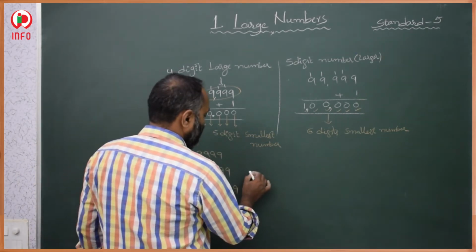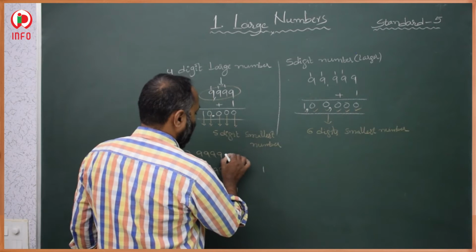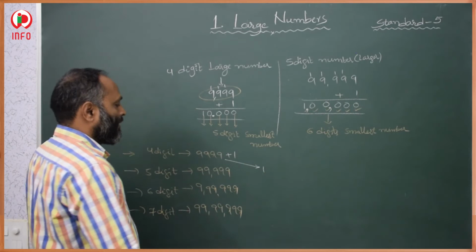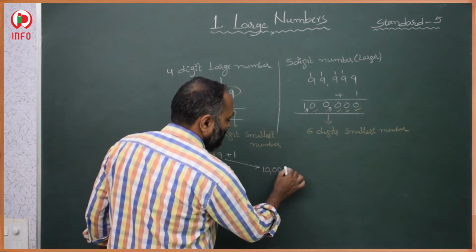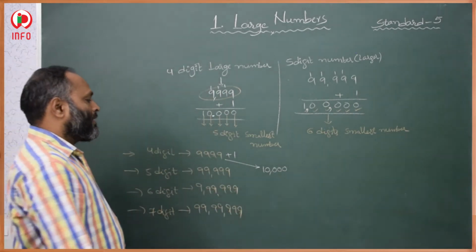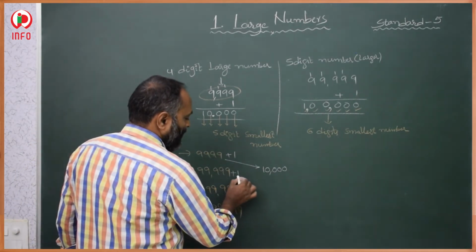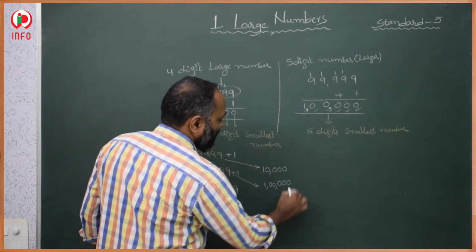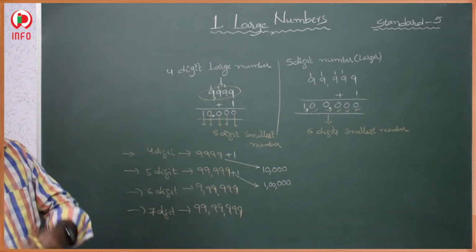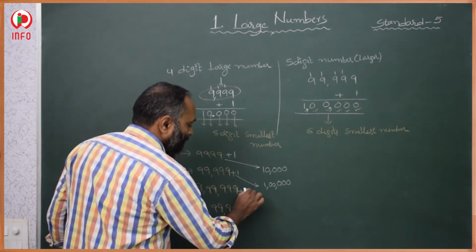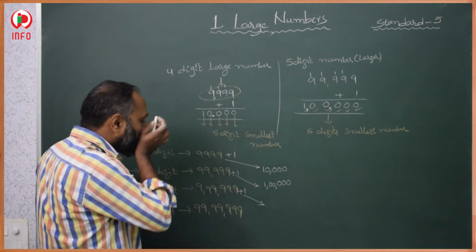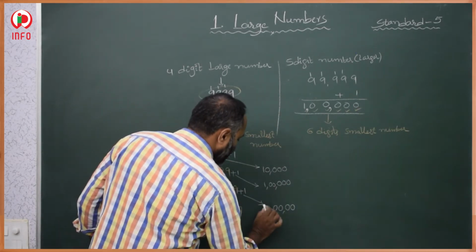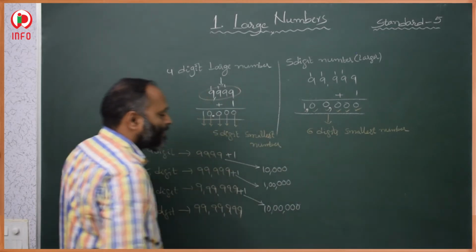The 5-digit smallest number is 10,000. If we add plus 1 to the largest 5-digit number, we get the smallest 6-digit number. If we add plus 1 to the largest 6-digit number, we get the smallest 7-digit number.